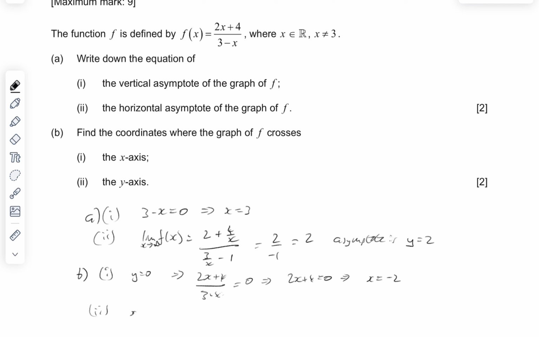And on the y-axis, x equals 0, gives us y equals 2 times 0 plus 4 over 3 subtract 0 equals 4/3. So it wants coordinates, so I better put the coordinates. The coordinates here are negative 2, 0, and here is 0, 4/3.